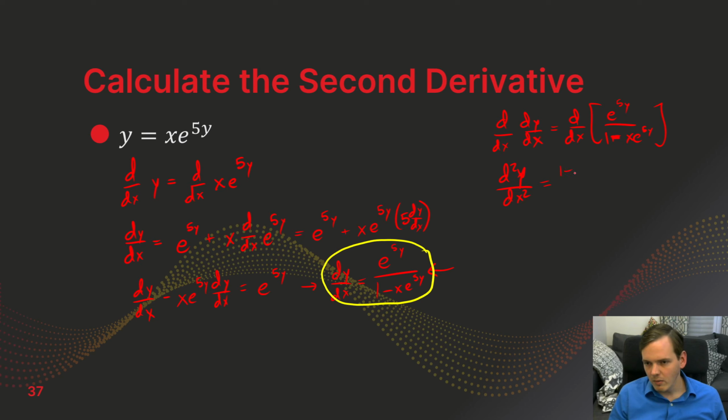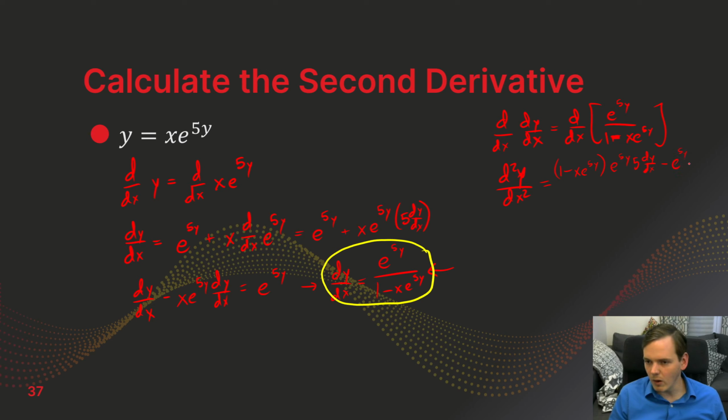So it's going to be 1 minus x e to the 5y, the term on bottom, times the derivative of the thing on top, which is going to be e to the 5y times 5 dy by dx, minus, flipping that around, which is going to be a mess. So how do I want to write this out? Let's try to fit it in. If it doesn't work, well, we'll figure it out then.